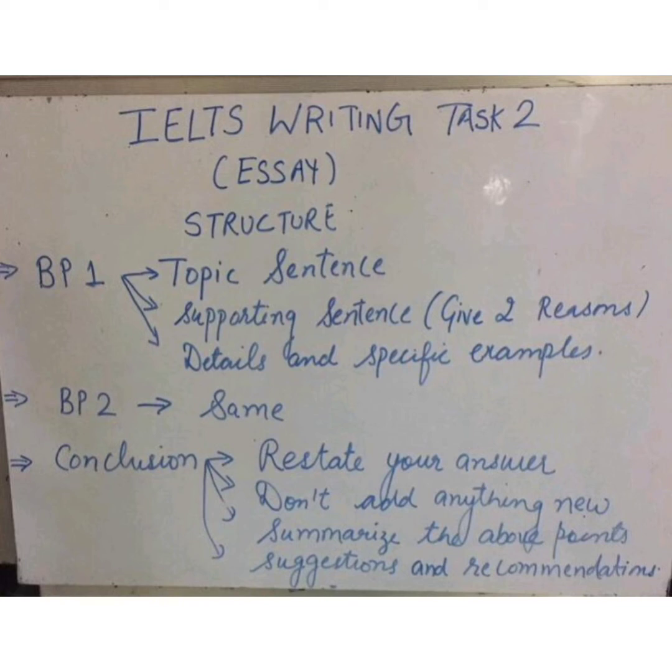Our essay was about advantages and disadvantages. In one paragraph I have written the advantages, so the next paragraph would be different because I am going to write the disadvantages. So I will write the topic sentence again, so that the examiner would get to know that in the second paragraph I am writing the disadvantages, and then you will write disadvantages number 1 and number 2. The same way you will explain it.